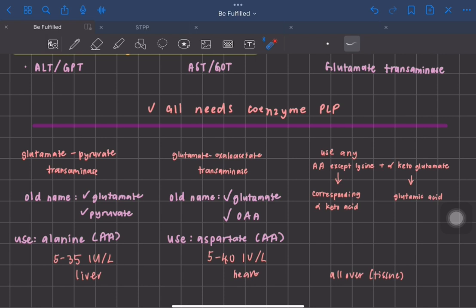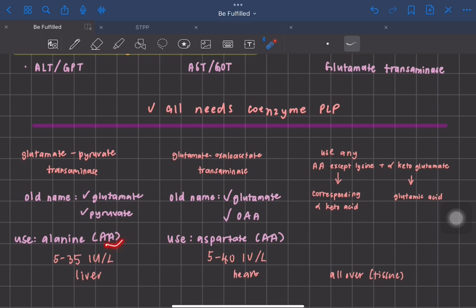So, why do we have to remember these other names? Kadang-kadang, these other names akan masuk dalam MCQ. Okay, so from the old name, this is called the old name, we can know what is the product. Okay, so ALT or GPT menghasilkan glutamate dan pyruvate, and it uses alanine as its amino acid.